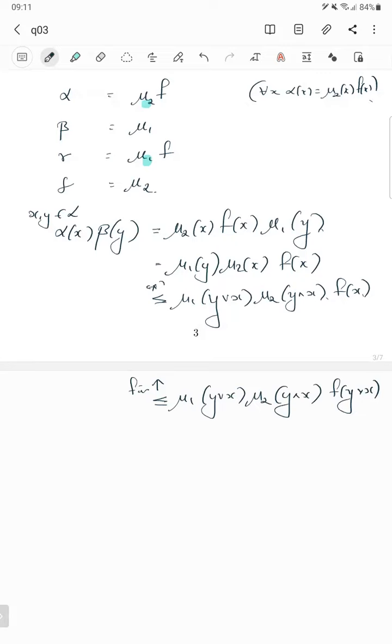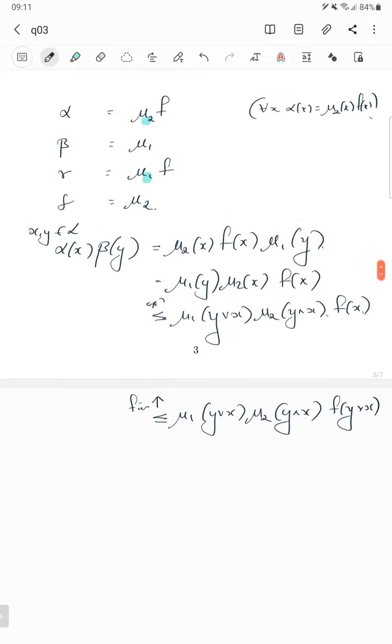This is because f is increasing. Okay, next step should be to. Yeah, this is gamma of x join y. You realize that if you combine these two, right? This is gamma of y of x because of the definition of gamma here. Times mu2 again is by the definition of delta. You can write it as.